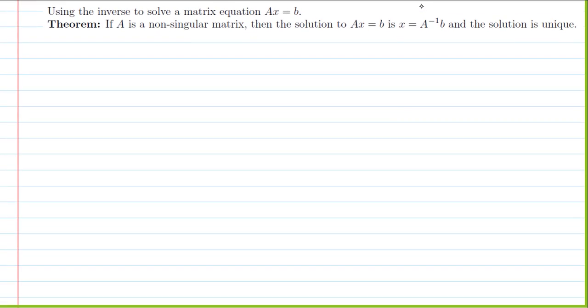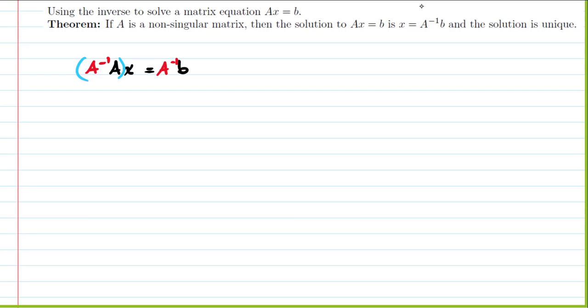So our theorem says if A is a non-singular matrix, then the solution to A times X equals B is X is equal to A inverse B, and the solution is unique. All right, so if A is a non-singular matrix and we have the matrix equation A times X equals B, we can then multiply both sides of the equation by A inverse.